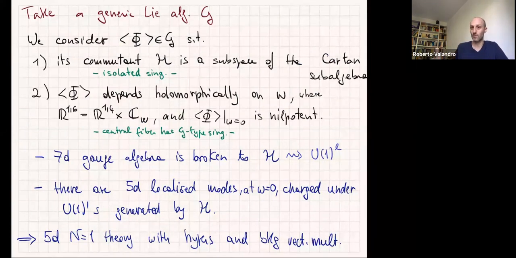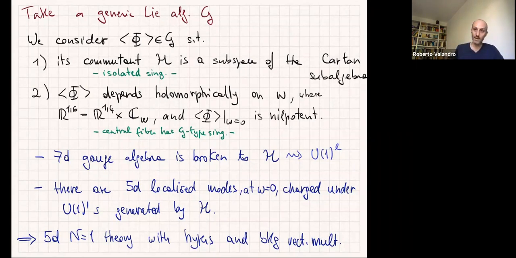Okay, this is important from the geometric point of view, because this is telling us that we have just an isolated singularity. And then we want this Phi that depends holomorphically on W, and that is nilpotent at W equal to 0. Okay, this is basically requiring that the central fiber should have the full G-type singularity.